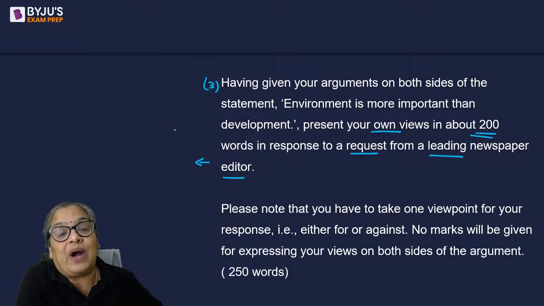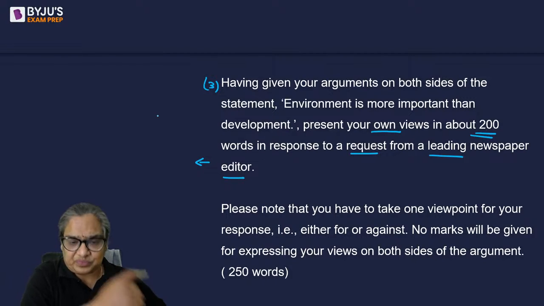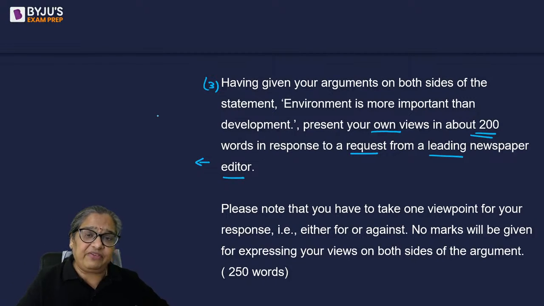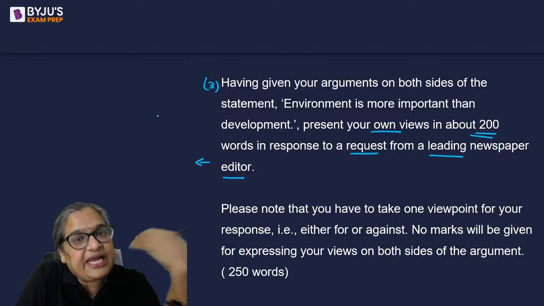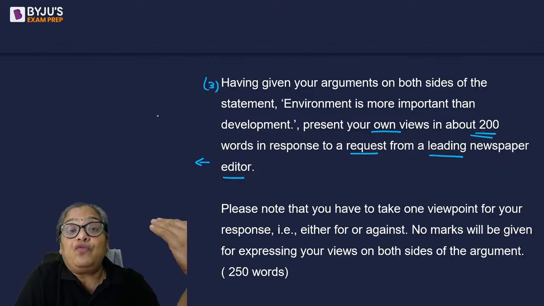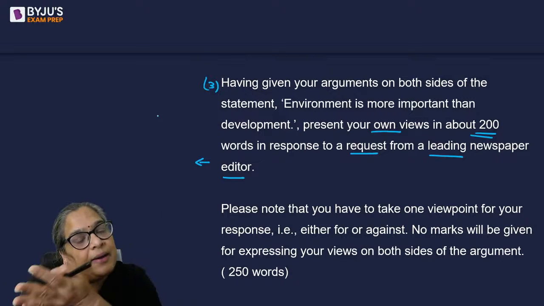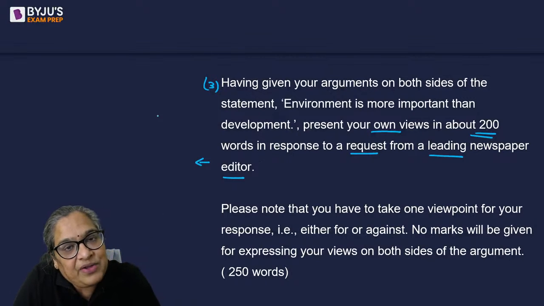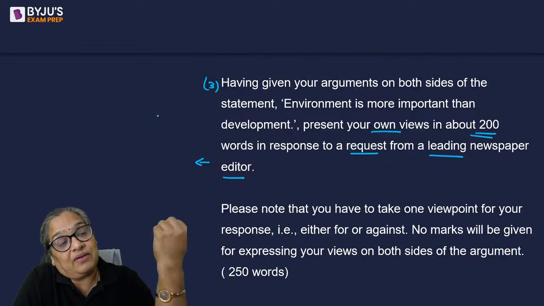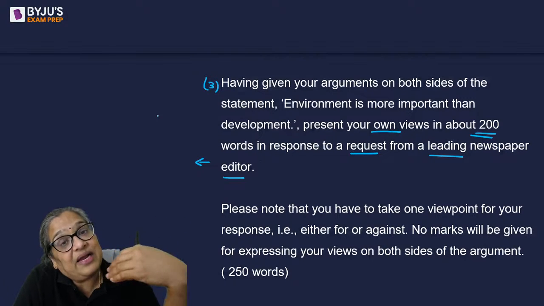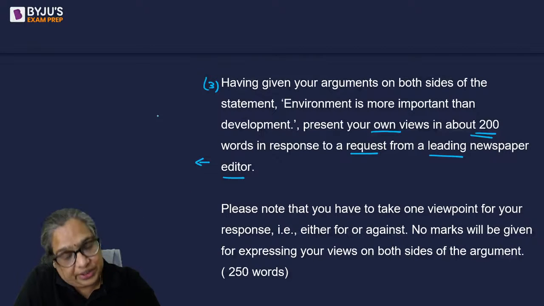Now, here you have to say, I believe, and that is what the article I have given would read like. I at least personally obviously have more points for saying that the environment is more important than development. So I would tell you how by harming environment we are not just harming, we are harming ourselves in the long term.